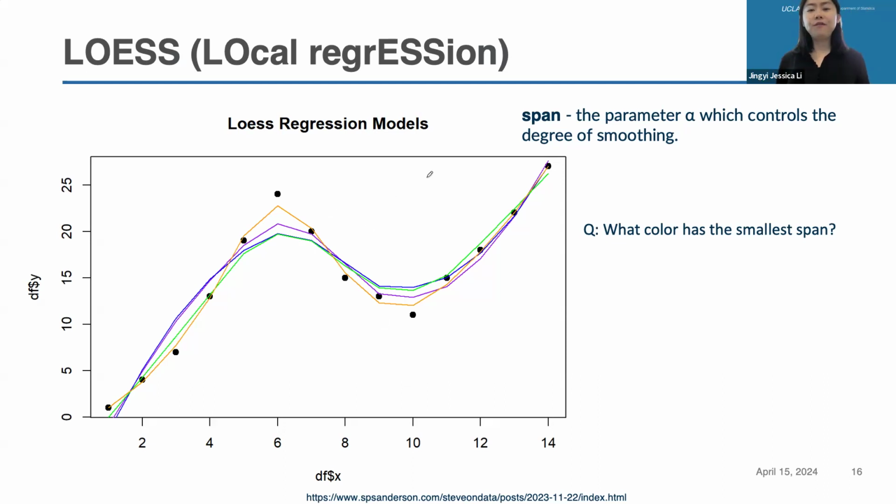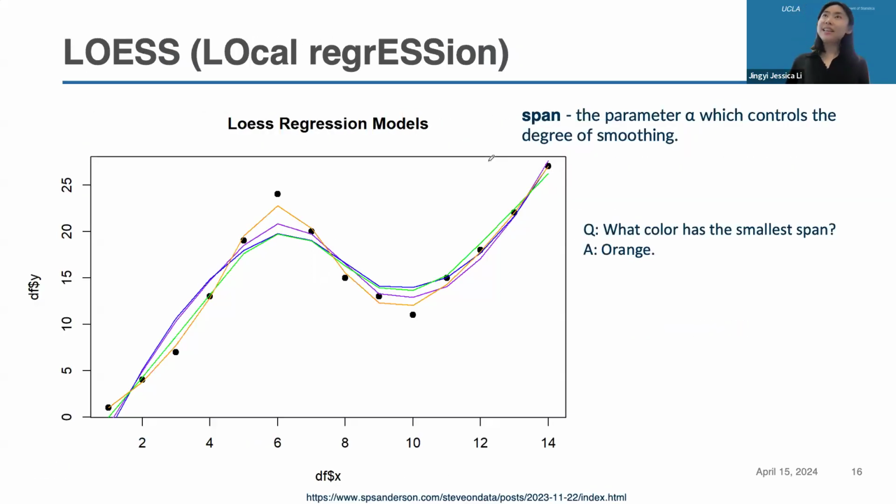On the other hand, with a very small span, you could go through every dot and have no bias. But once you get a different sample, this curve may not fit well. That's why it's called small variance, large variance. So, correct answer, orange.